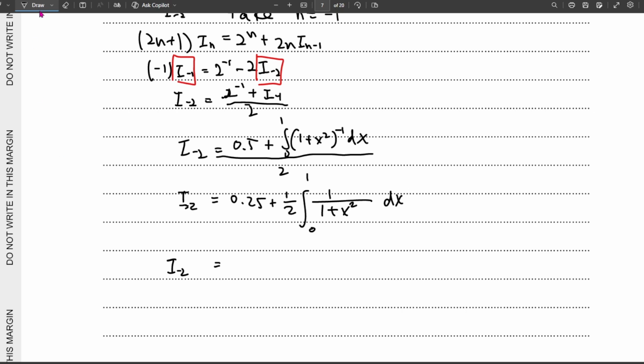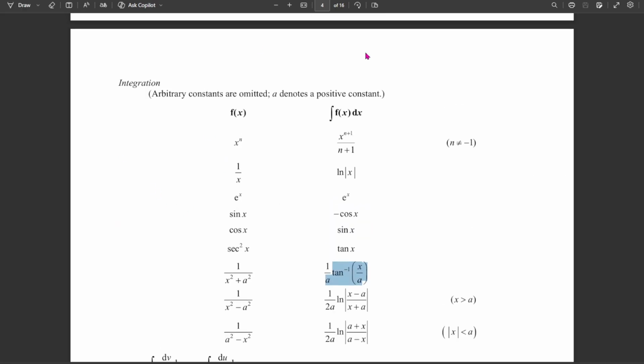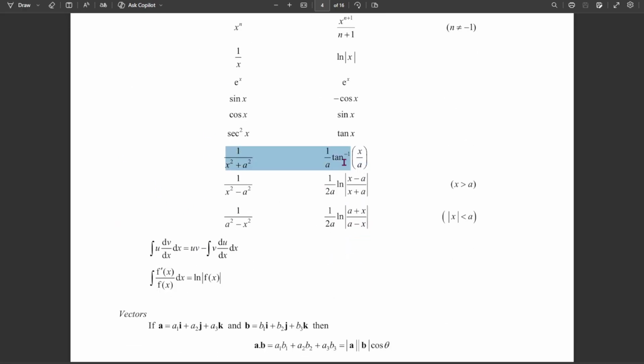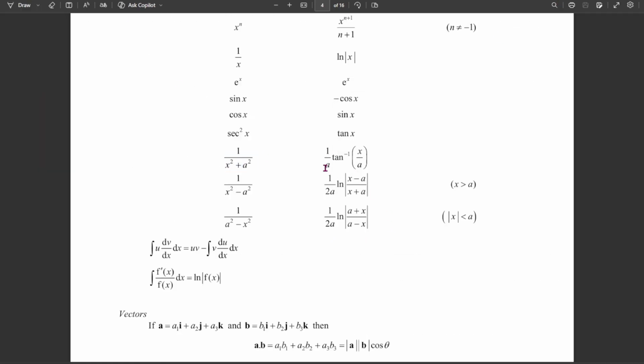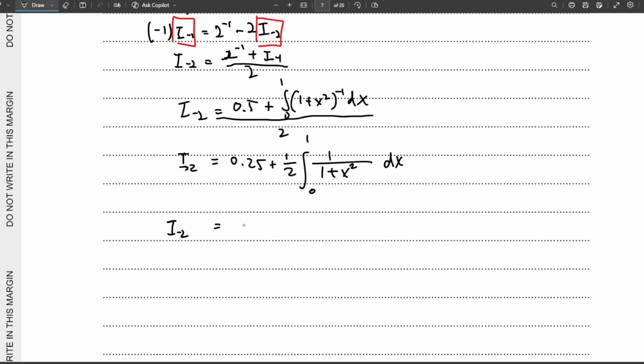For this integral, you refer to your formula sheet again. You integrate 1 over (1 squared plus x squared), which becomes 1 over 1 times tangent inverse of x over 1, which is the same as the inverse tangent of x. So 0.25 plus this constant is still here, 0.5 of tangent inverse x, and we do the limit 0 to 1.